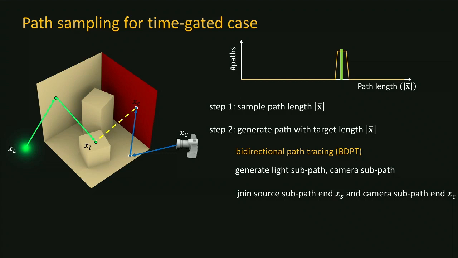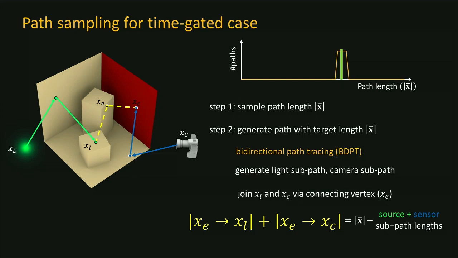To overcome this, we modify BDPT so that instead of directly joining XL and XC, we join them via a connecting vertex. Controlling the location of this connecting vertex provides us with the ability to create paths whose total path length is of desired path length that we have sampled in step 1.